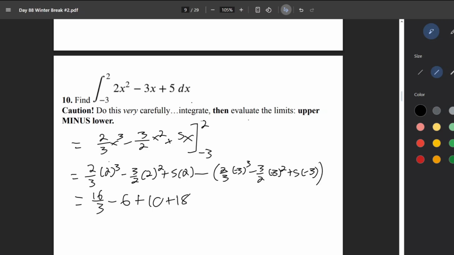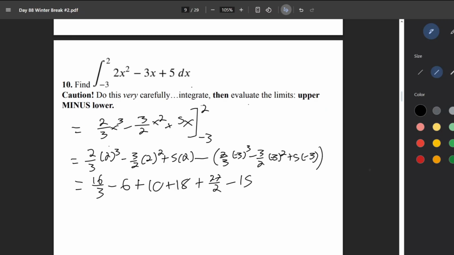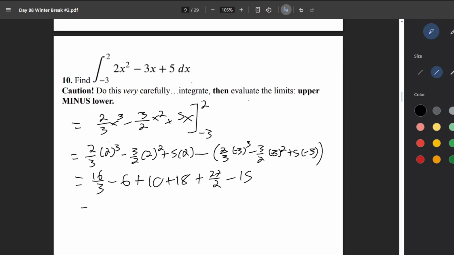Then this would be 9, so negative 27 over 2, that would become plus 27 over 2 because of this. And then minus 15. So let's do all the simple ones first.